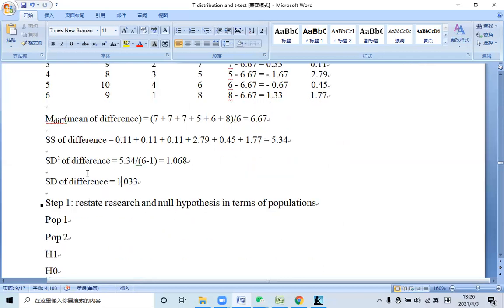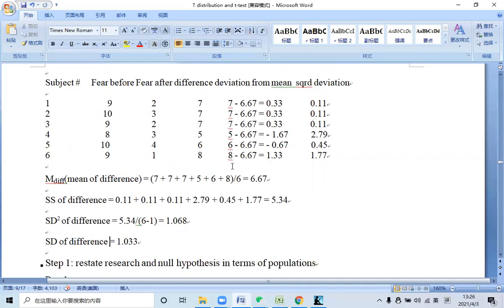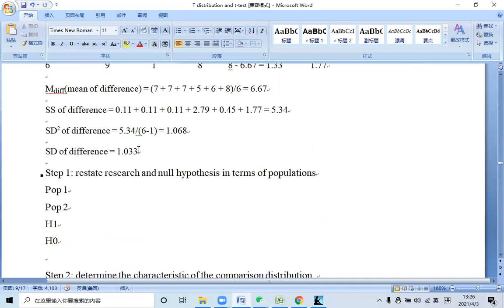And you can get the standard deviation of the difference scores. This is basic statistics. It's always a good habit to get the basic statistics out of the way, get it ready.